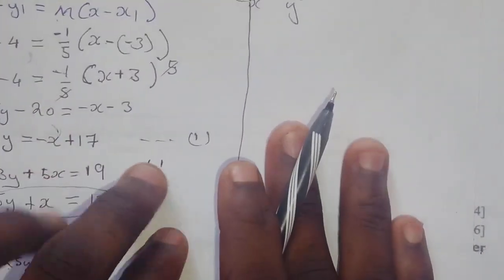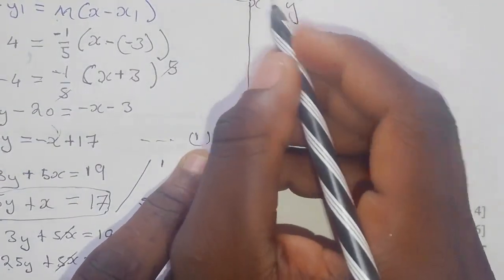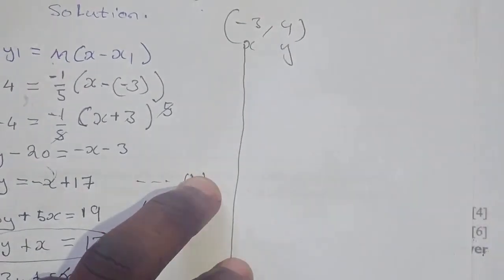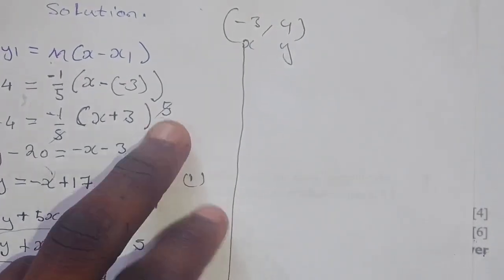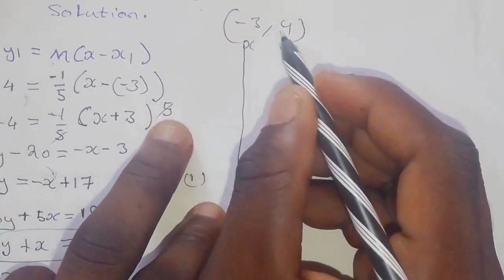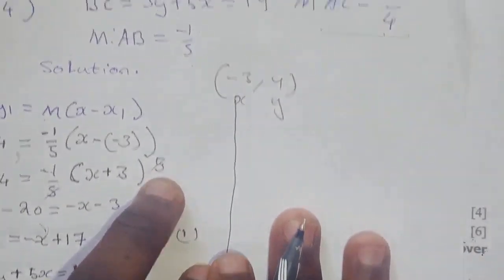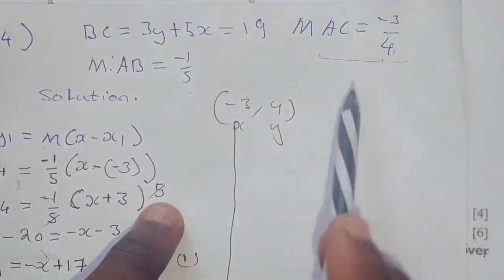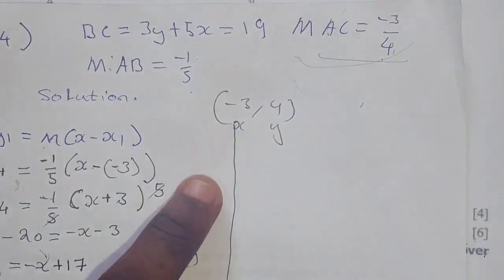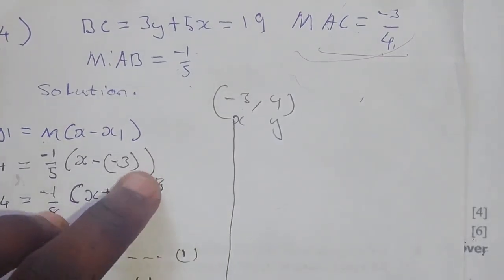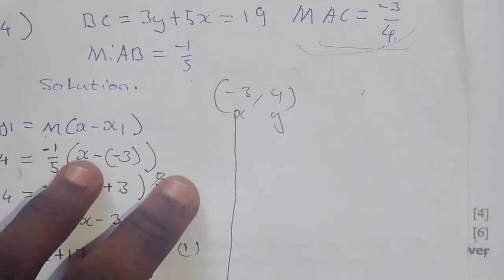We have the point negative 3, 4 as A. Remember, we are finding the equation AC. So I have the point negative 3, 4. We also have the gradient of AC, which is negative 3 over 4. This is the gradient of AC according to the question, and this is the coordinates of A. Okay, so let's now proceed.